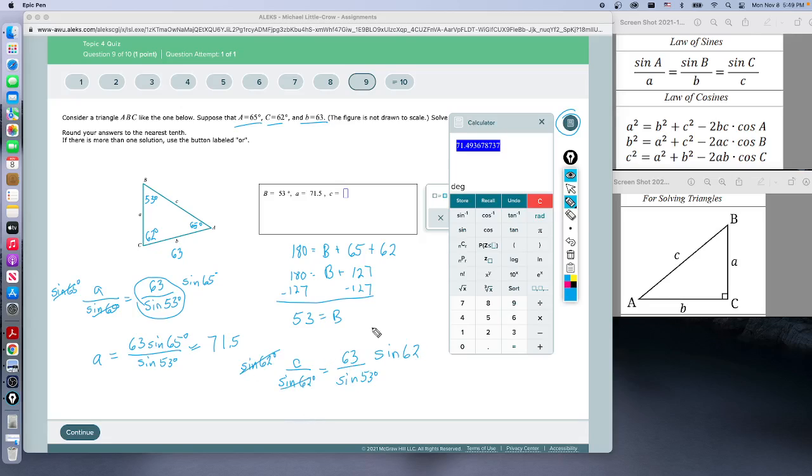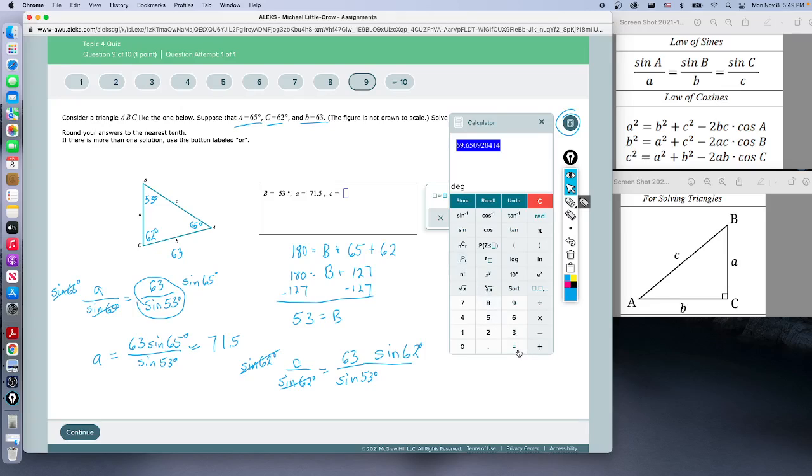Okay, so then again, we just plug all of this into the calculator. 63 times sine of 62 degrees divided by sine of 53. That's what side C is going to be. Okay, let's just clear it. 63 times sine of 62, highlight it, divide, and then we do the sine of 53.